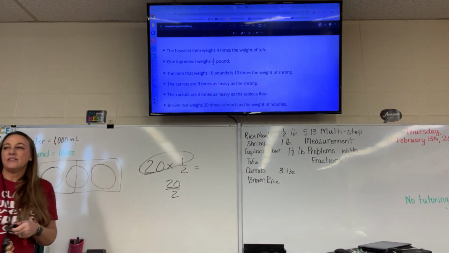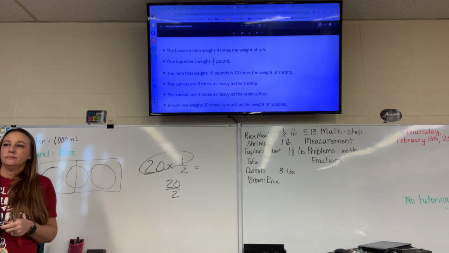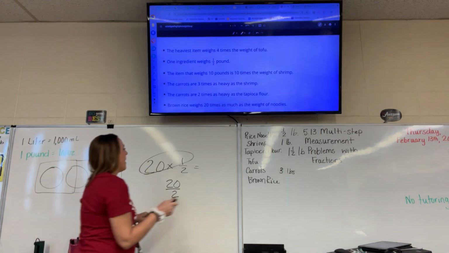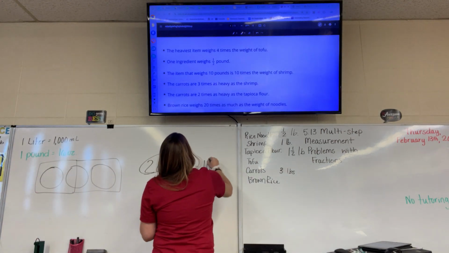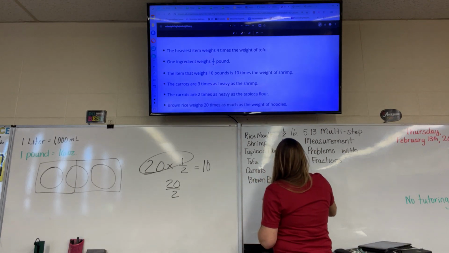So what's 20 divided by 2? 10. Yes. So that means that the brown rice weighs 10 pounds.